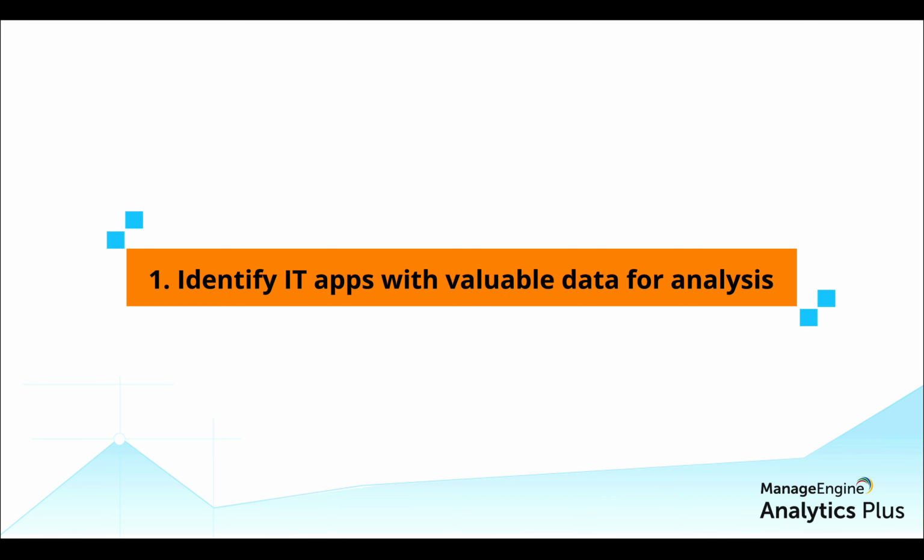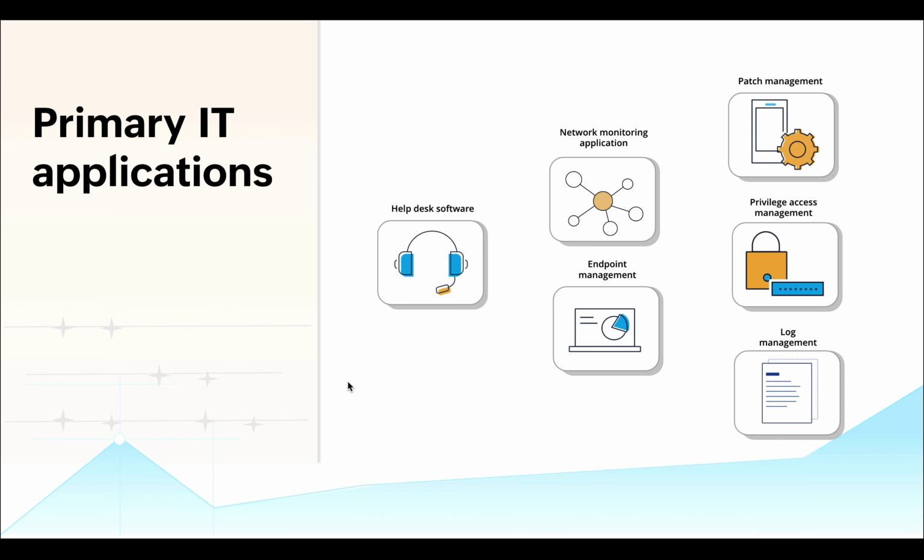And this primary set should include your help desk ticketing software that is used by employees to raise incidents and service requests, your network monitoring solution that monitors your infrastructure, your endpoint management solution that is critical for patch compliance, a privilege access management solution which serves as the gateway for accessing sensitive infrastructure components, and finally, a log management solution that captures all the activities in the IT infrastructure.